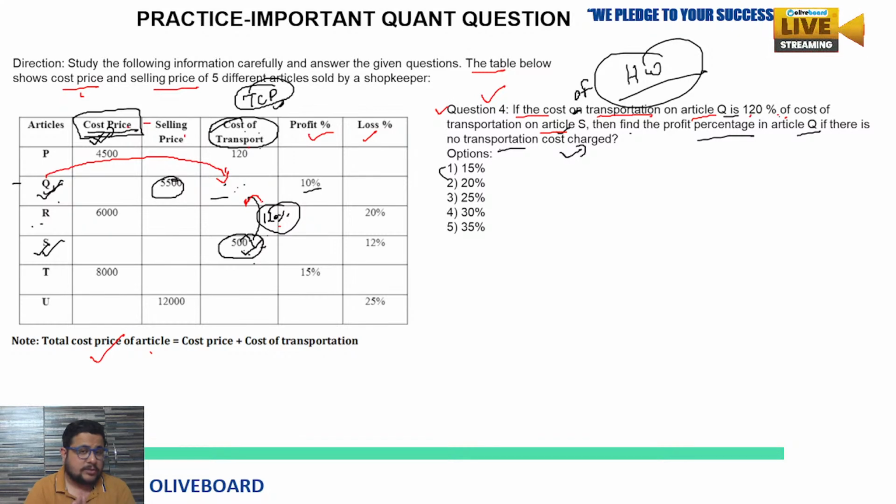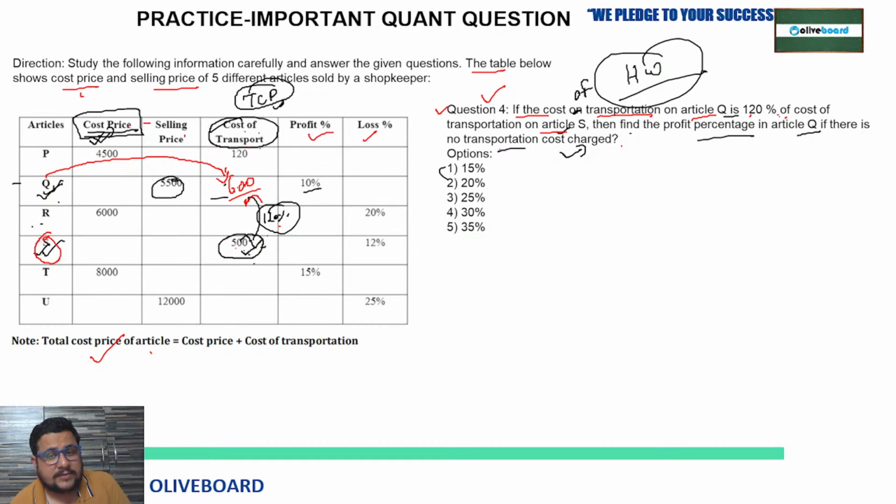Already I explained this in the previous session. That is 120% of the cost of transportation of S. So S transportation cost is how much? That is 500. So 20% more you have to add, because 120% of 500 is going to be the cost of transport of article Q. So 20% of 500, 10% is 50, so 20% is going to be 100. 500 plus 100 means 600.